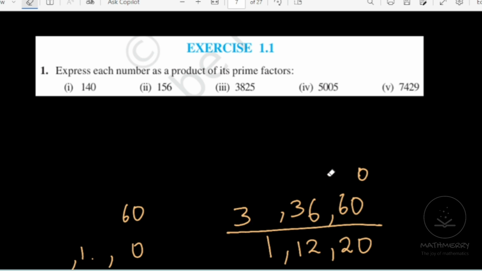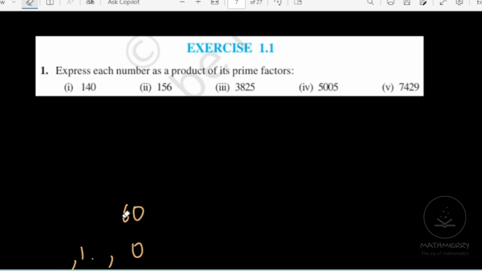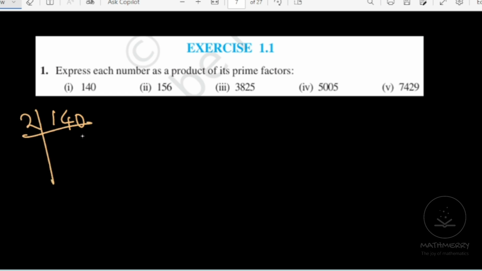We can do the prime factorization. 140 is an even number, so we can start with 2 itself. 140 divided by 2 we get 70, and 70 divided by 2 we get 35, and 35 can only be divided by 5 or 7, so we will take 5.